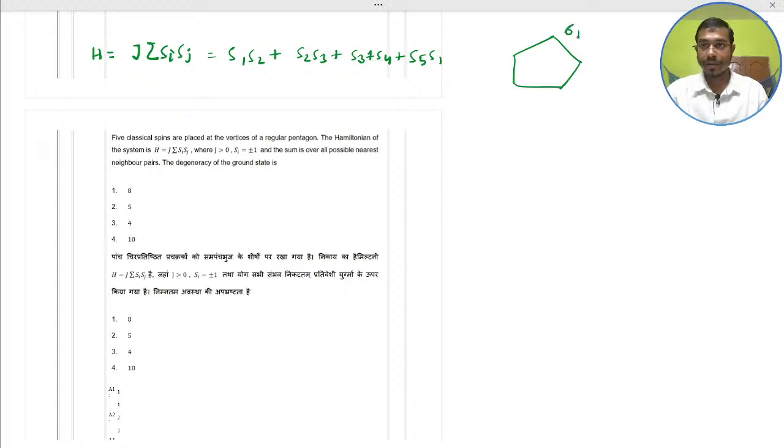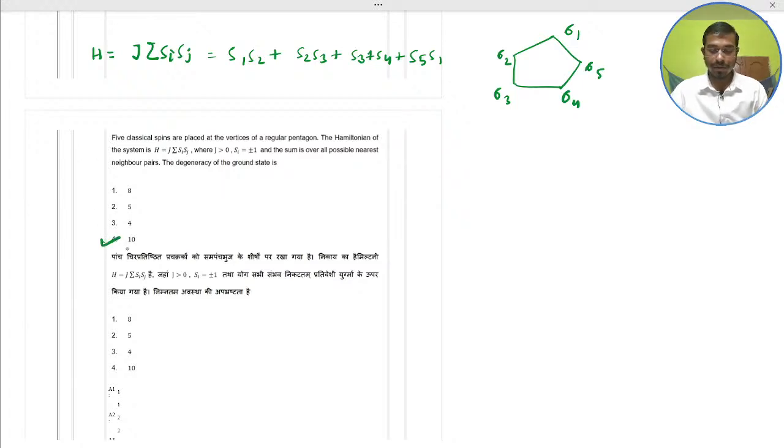This is sigma 1, this is sigma 2, sigma 3, sigma 4, sigma 5. Now, what will be the degeneracy? I give you the answer: the total degeneracy would be option 4, 10.